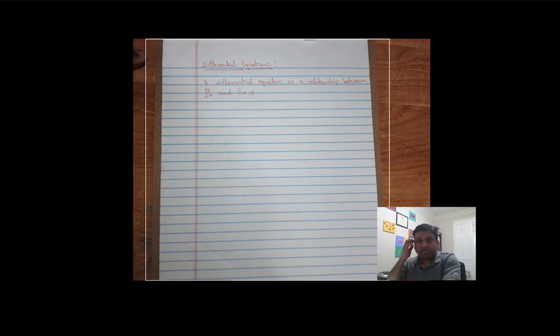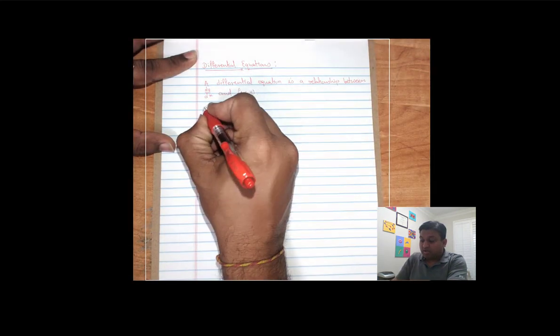Alright, so it's a very simple and straightforward definition. A differential equation, it's a relationship between derivative of y with respect to x and function with inputs x and y.